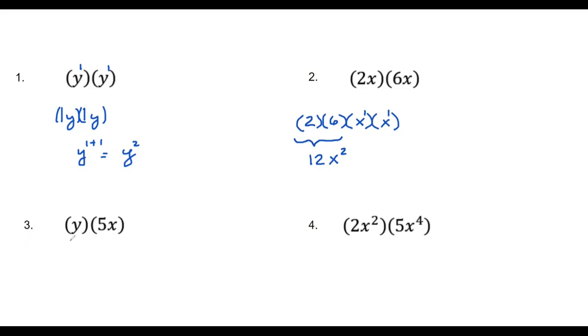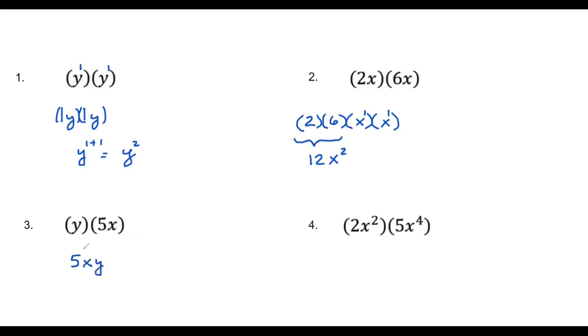Now this one's a little bit different because we actually have two different variables. We have a y and we have an x. And we don't have any other y's or x's that are being multiplied together. So what's interesting about this problem is that we don't really have anything to do other than to rewrite this as 5 times x times y.